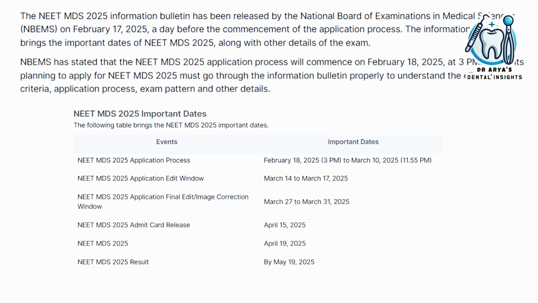The application final edit or image correction window is March 27 to March 31. Then admit card release is on April 15, 2025, and the exam is on April 19, 2025. The NEET MDS 2025 result may be on May 19, 2025.